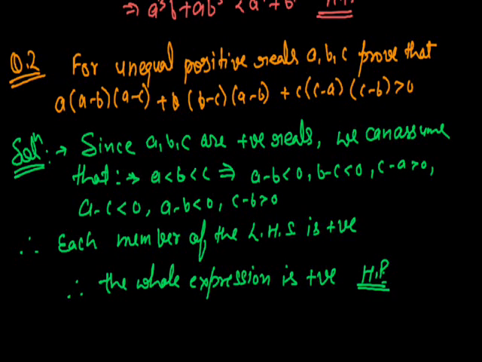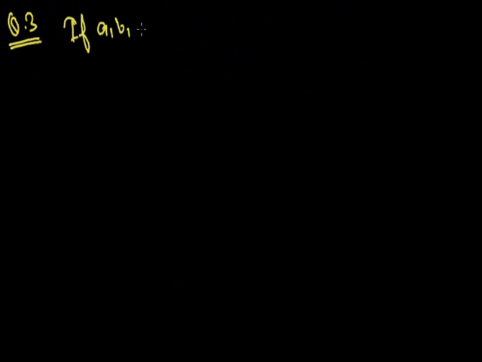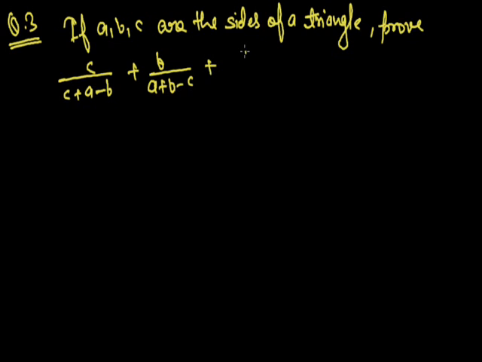Moving to our next question, question number 3, that is given to us as: if A, B, C are the sides of a triangle, then prove that A upon C plus A minus B plus B upon A plus B minus C plus C upon B plus C minus A is greater than or equal to 3.